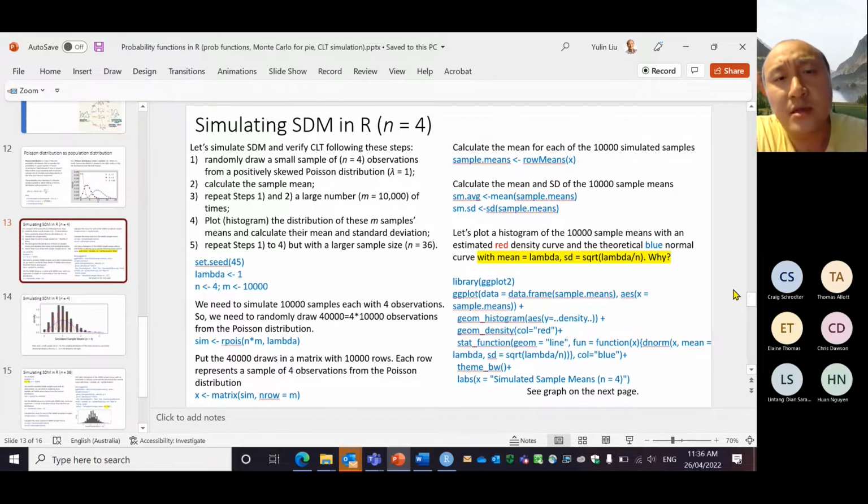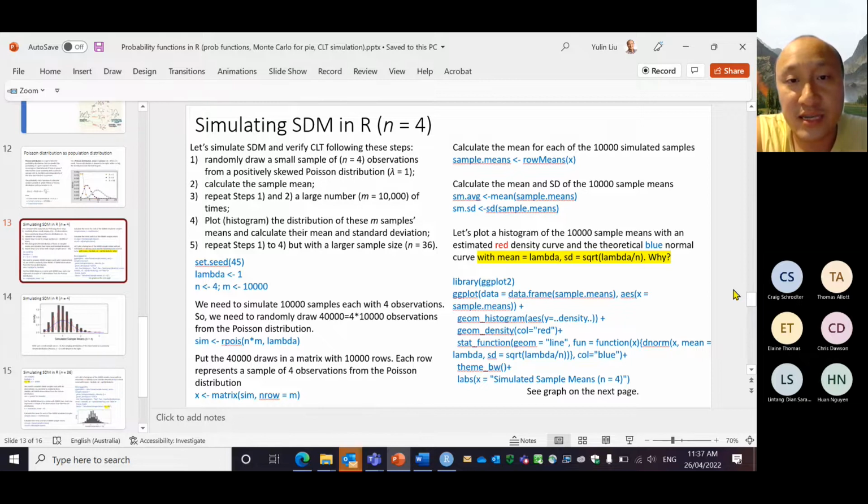So we're going to draw 10,000 samples from a Poisson distribution with lambda equal to 1. Each of the 10,000 samples has the same sample size, which is 4. For each of the 10,000 samples, we're going to calculate the sample mean.